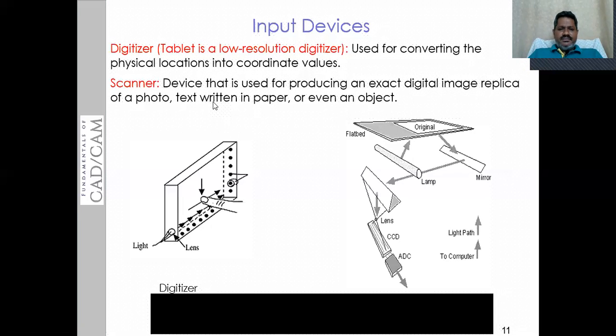Scanner is basically used for reading the text on the paper, just like OCR, optical character reader. It can also read a photo. It can also be used to capture the image of an object. So normally the scanner used is a flatbed scanner.